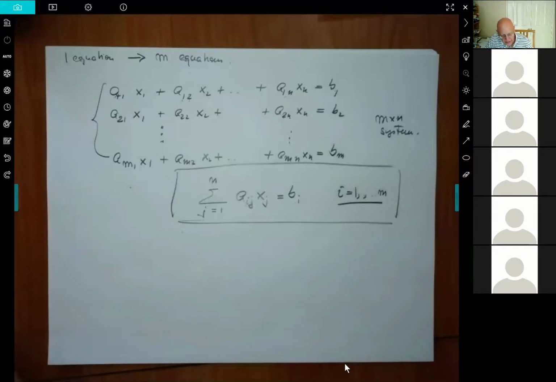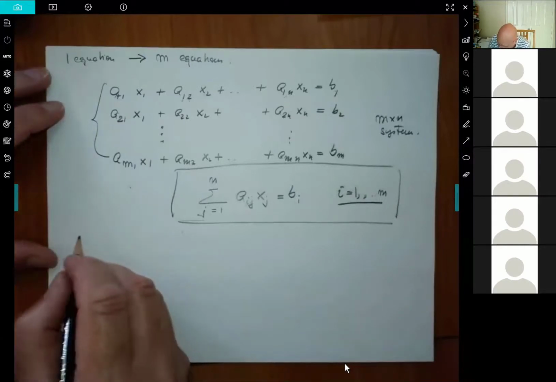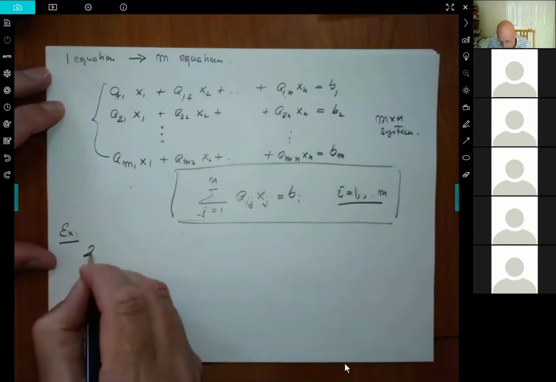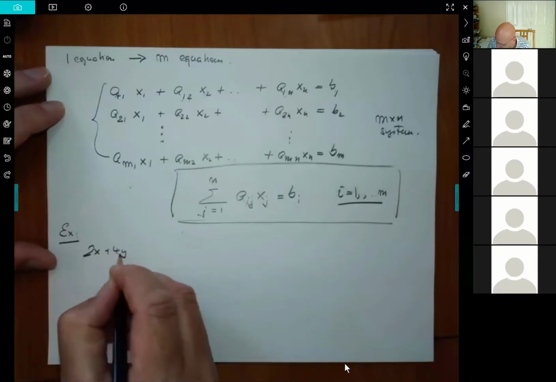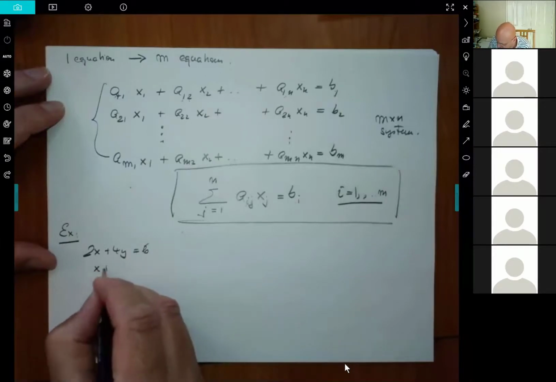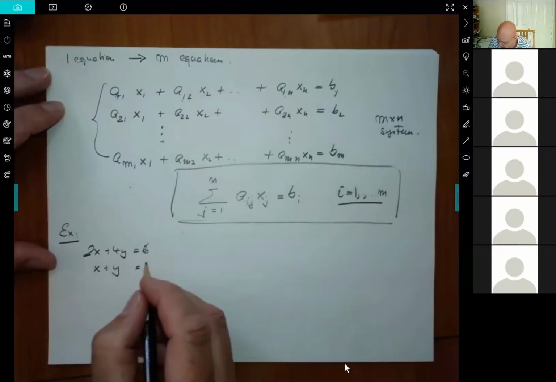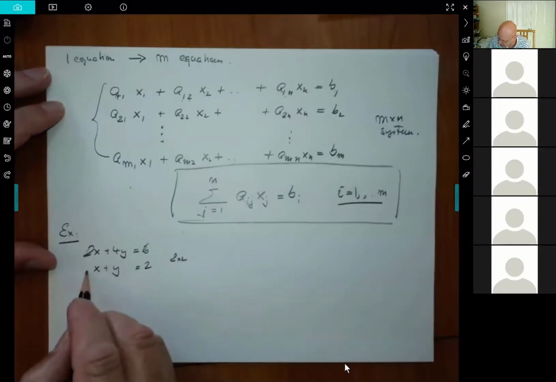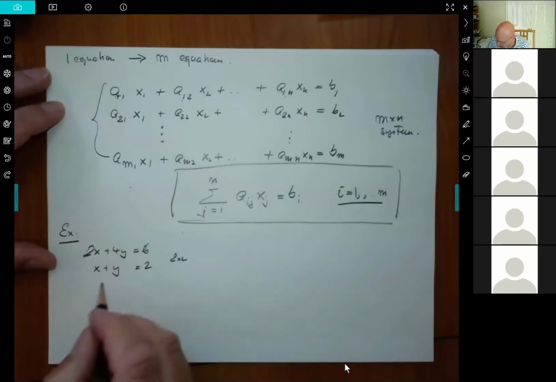So the next thing is some examples for this. For example, here we have 2x plus 4y equal to 6, x plus y equal to 2. So this would be a 2 by 2 system, obviously, 2 equations, 2 variables.